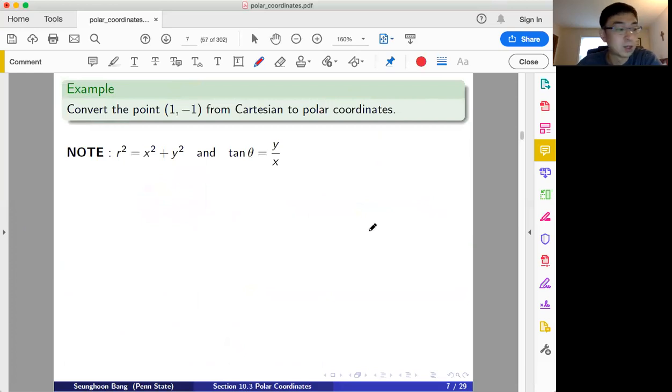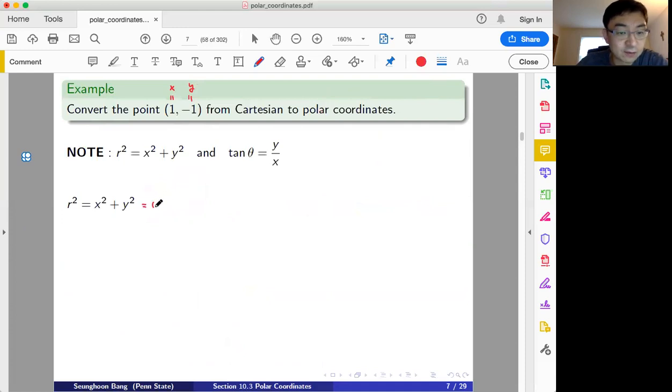So r squared: you can plug 1 and minus 1 into x and y. As I said before, this is x and this is y.